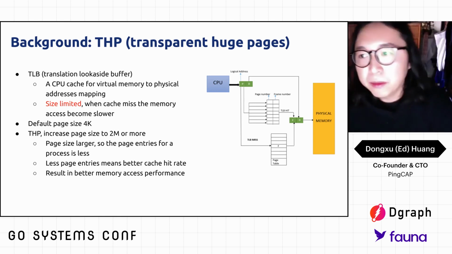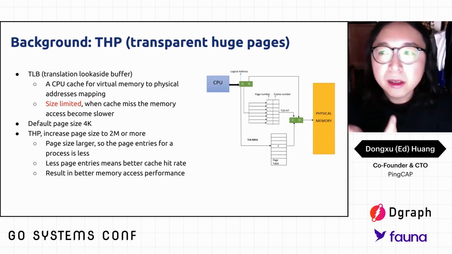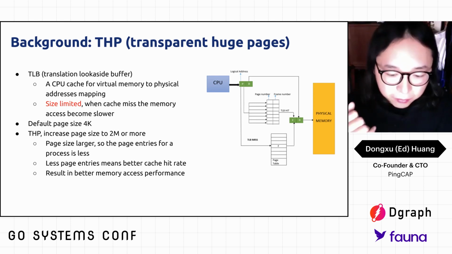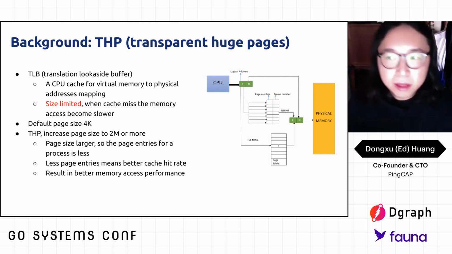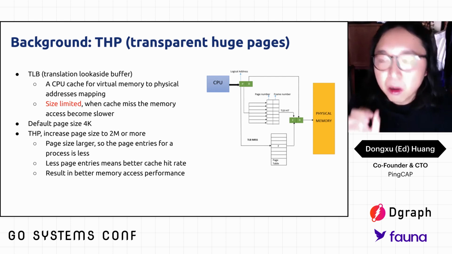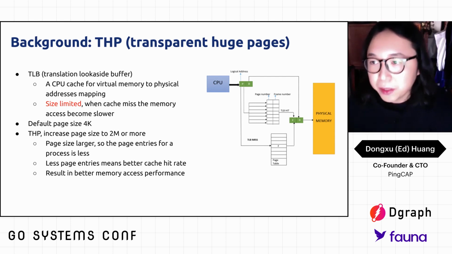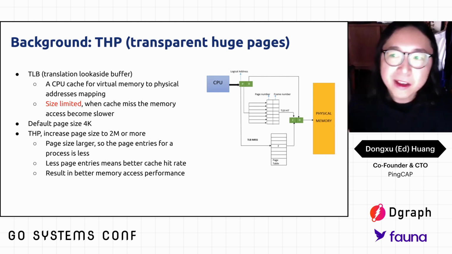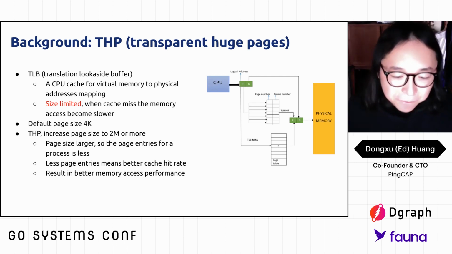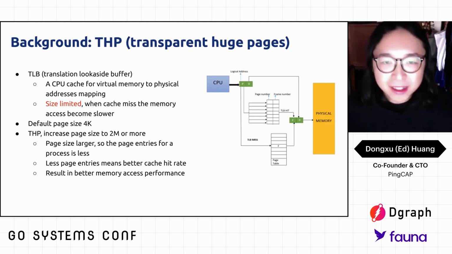This is the idea behind THP, and users and developers should not need to care about it. It is automatically managed by the operating system. You don't need to worry about the details of THP, but sometimes it may cause some very weird situations.